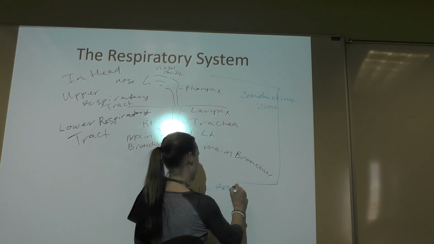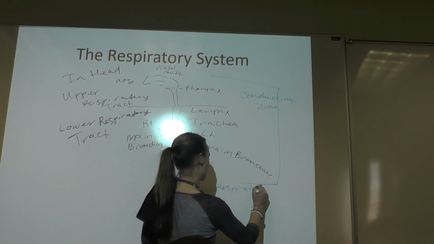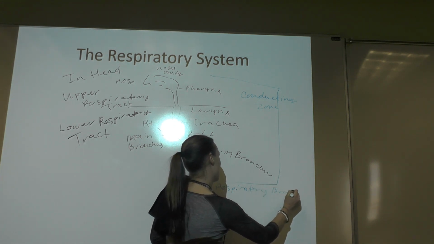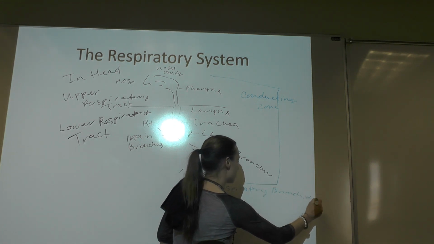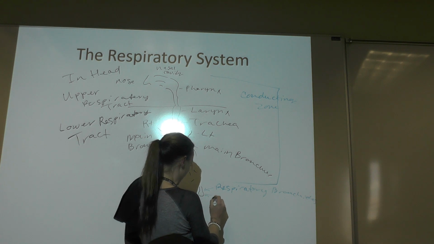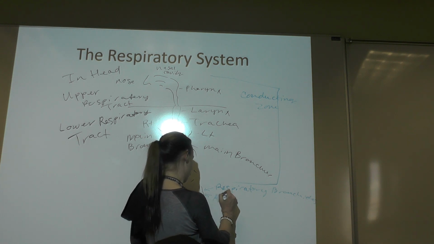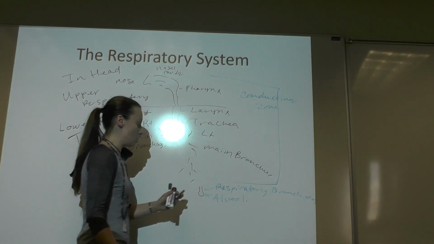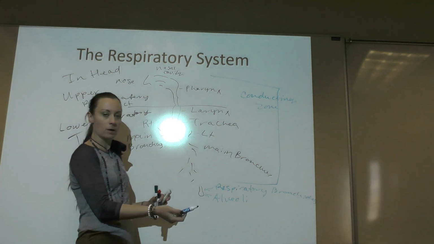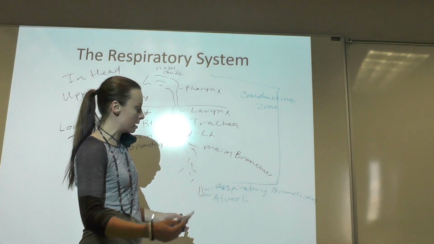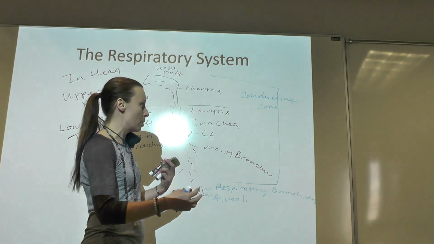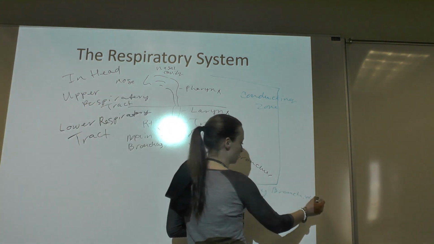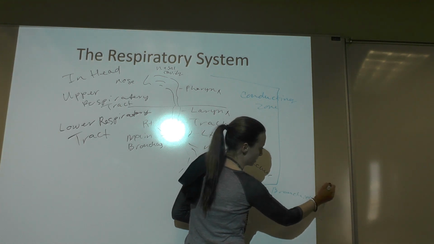We've got respiratory bronchioles that can do a little bit of gas exchange. But really, where we do our gas exchange are in these structures called alveoli. So our respiratory bronchioles and alveoli are the places where we can do respiration. So these are the only structures that are part of our respiratory zone.